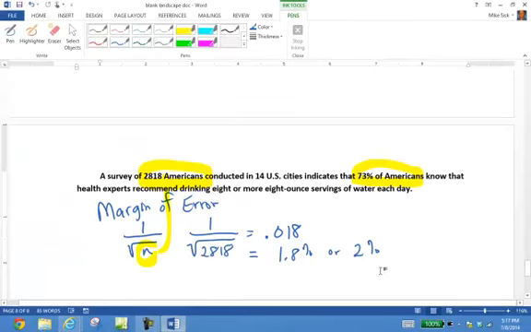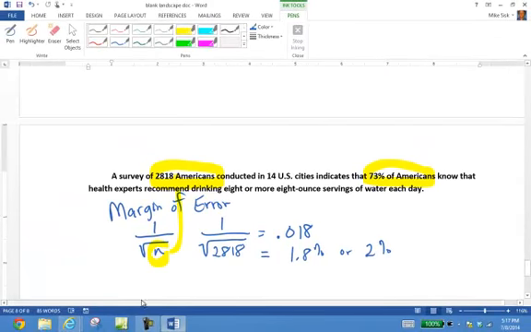Now to get the confidence interval, and my stuff may split apart right here, so you'll have to bear with me, I will take the 73% that was in the survey, and I'm going to make this easy just for the video and use the 2% that I got earlier.